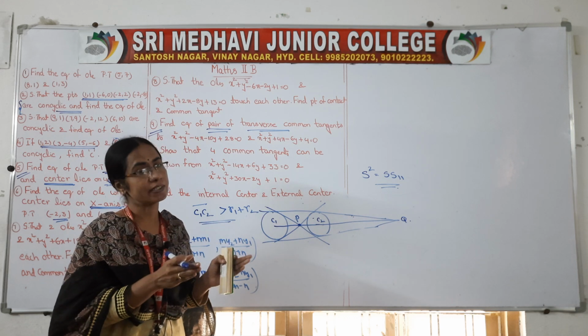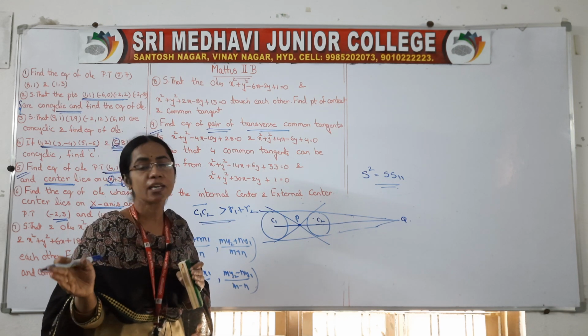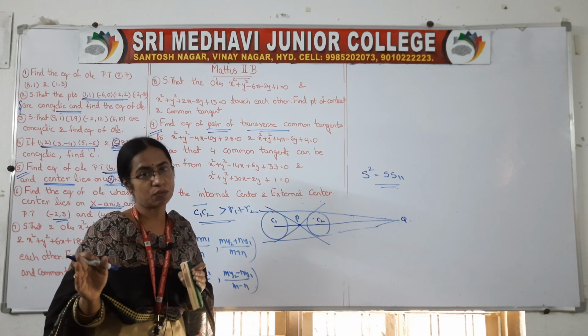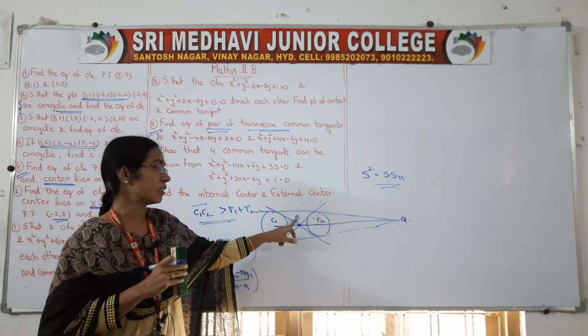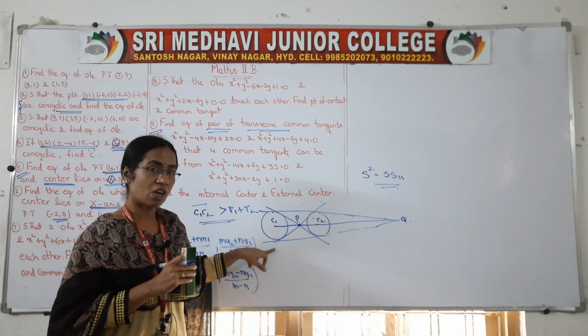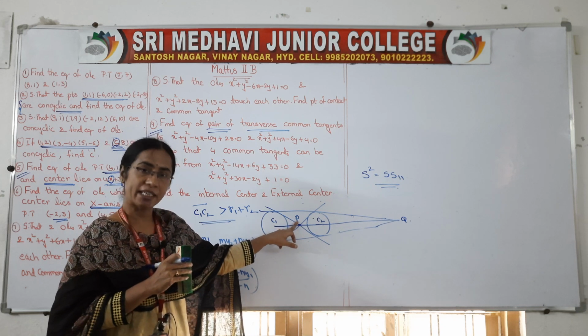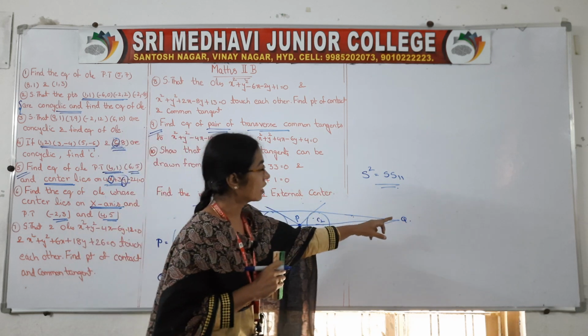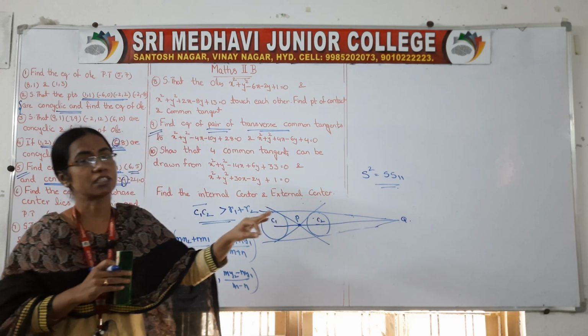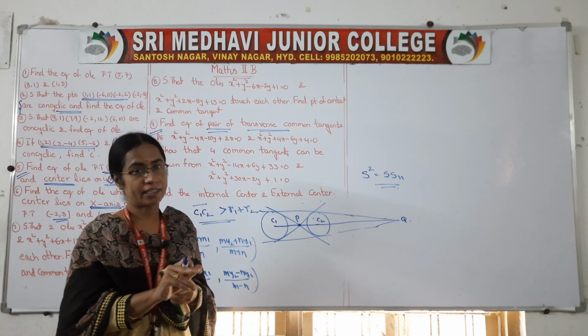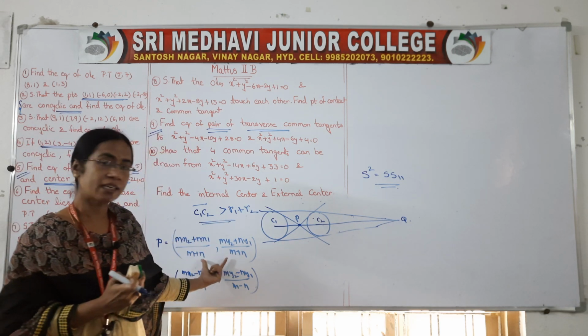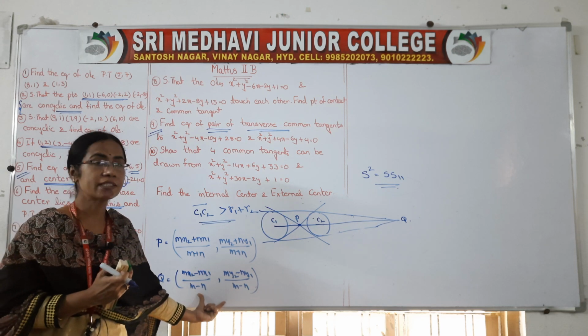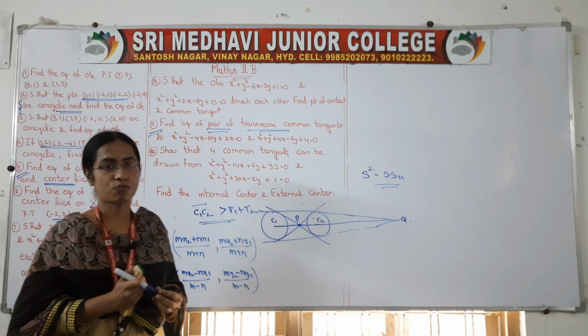In that, one set is direct common tangents, one set is transverse common tangents. Like that we have to find. And here the point of intersection of transverse common tangents is called internal center. The point of intersection of direct common tangents is called external center. So internal center, internal bisection formula; external center, external bisection formula.